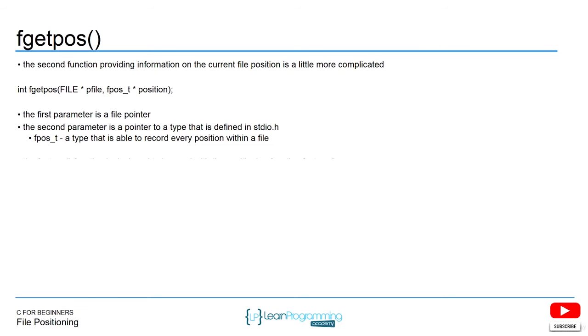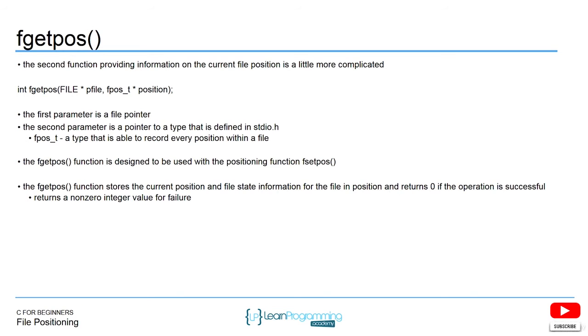The second parameter is a pointer to a type that is defined in stdio.h. The fpos_t type is able to record every position within a file. The fgetpos function is designed to be used with the positioning function fsetpos. So you'll use fsetpos, and then you use fgetpos in combination with that. The fgetpos function stores the current position and file state information for the file and returns 0 if the operation is successful.